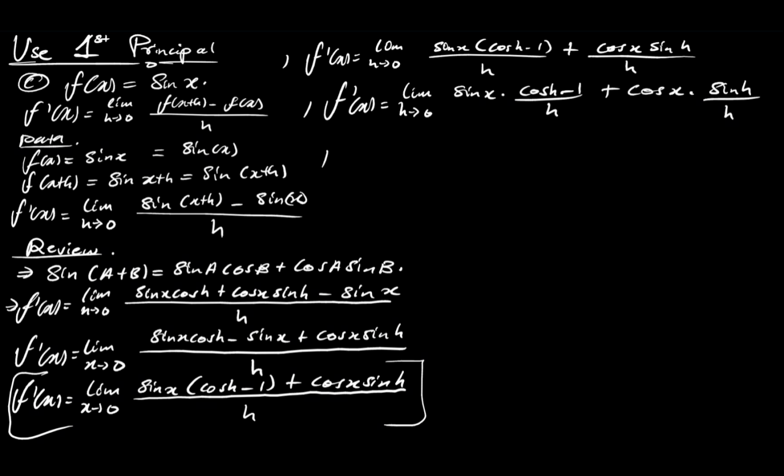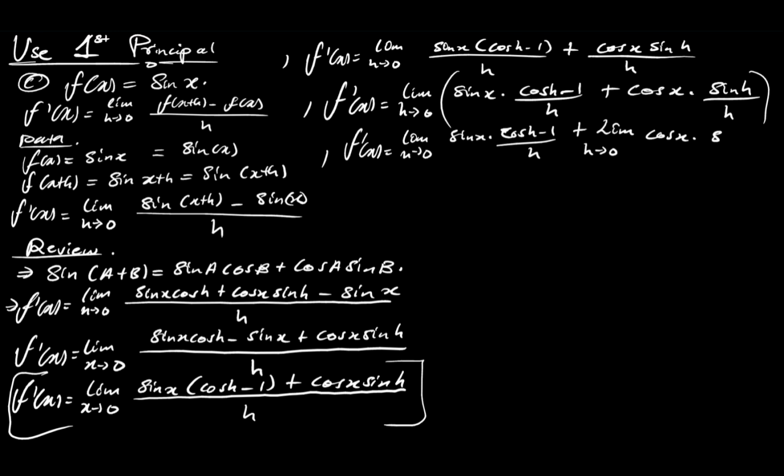Then once you have this, you can now apply the limit property. So we'll apply the limit property of the sums first. Since it's a limit as h approaches 0 of this, we'll apply the sum property. So f prime of x is equal to lim as h approaches 0 of sin x times cos h minus 1 over h plus lim as h approaches 0 of cos x times sin h over h.